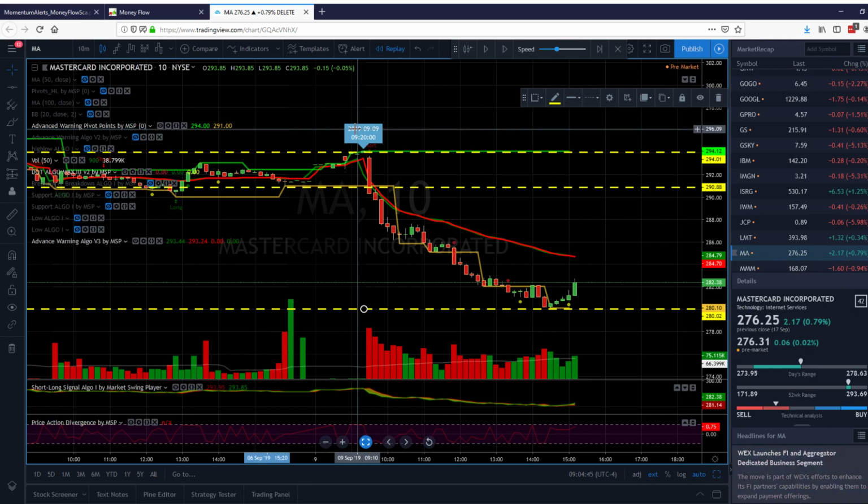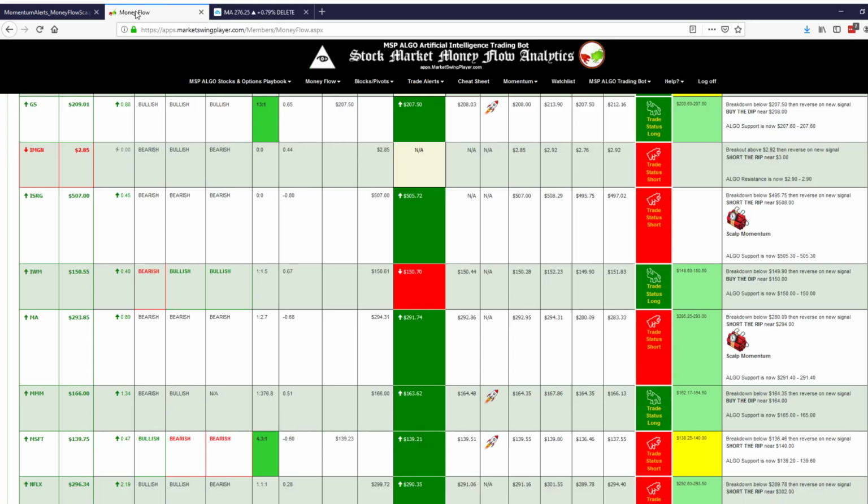And what do you notice? So it hit our first target, which would have been 291.4, and it hit our second target. Now it says break down below 280, then reverse. So it's trying to tell you that you probably got another trade here, okay? A long opportunity.